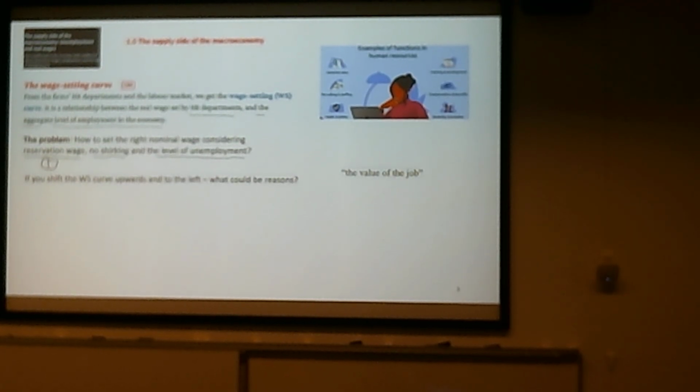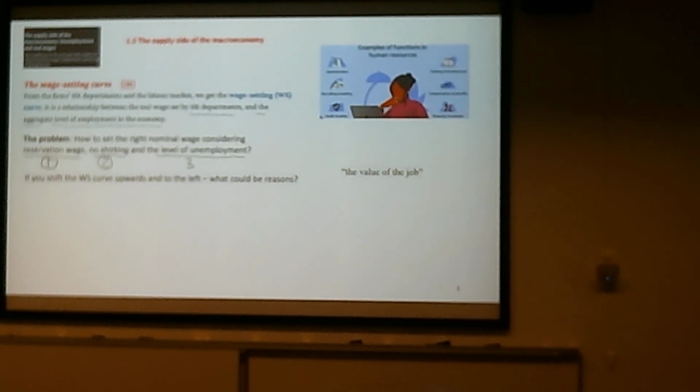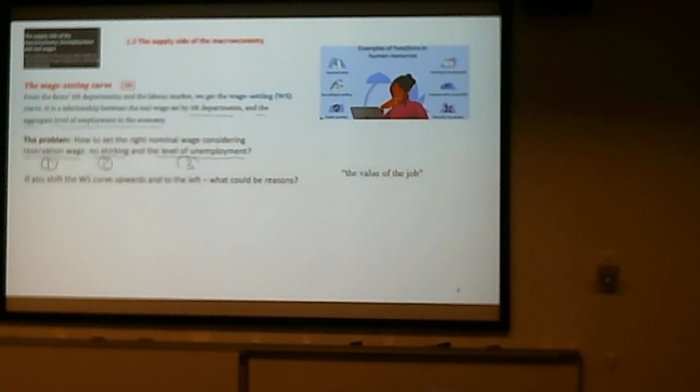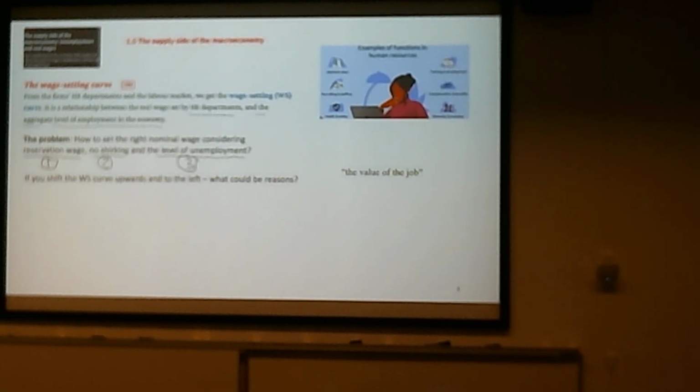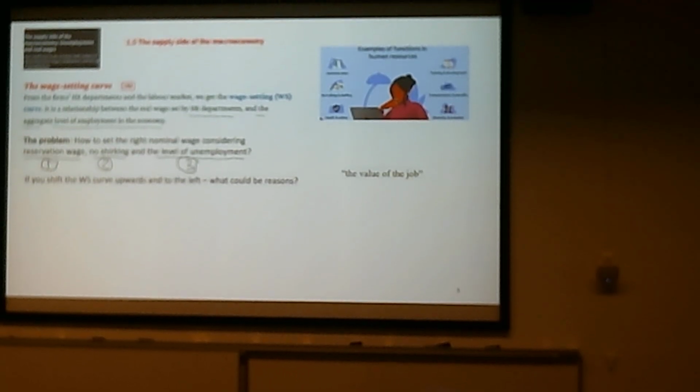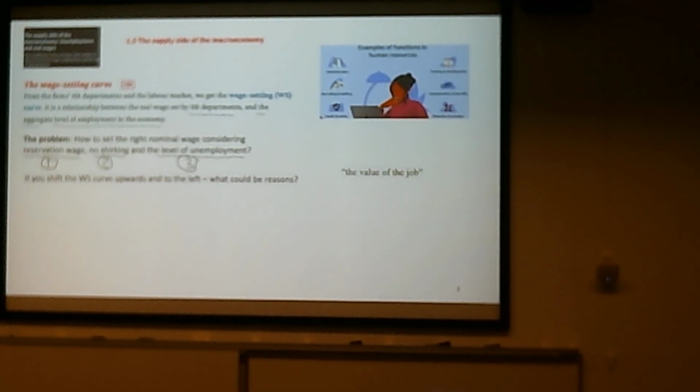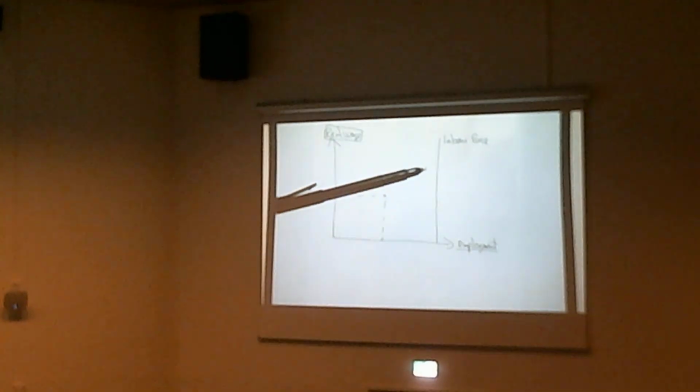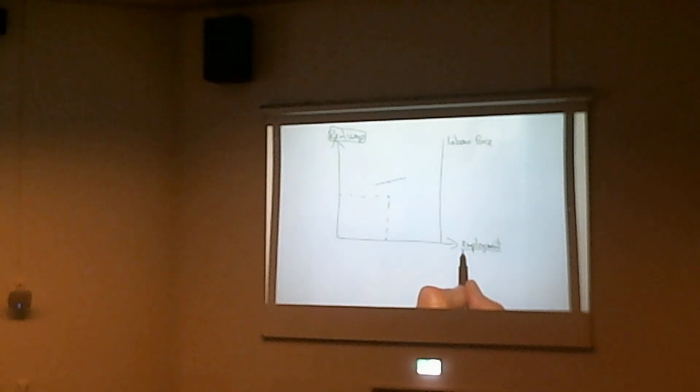But what else? This is number 1 and number 2, but there's also a third one. What do you understand from the third one? Well, if you look at the labor force, the higher the employment, the lower the unemployment.